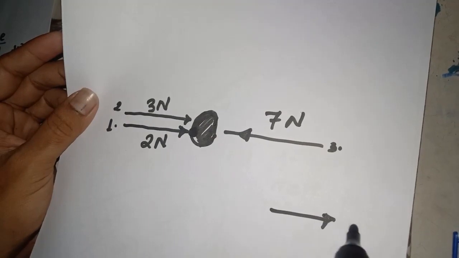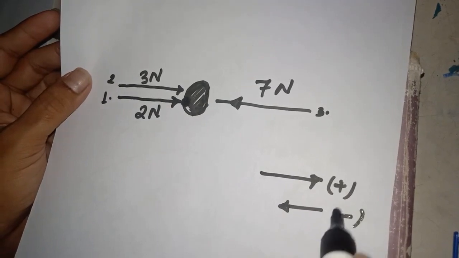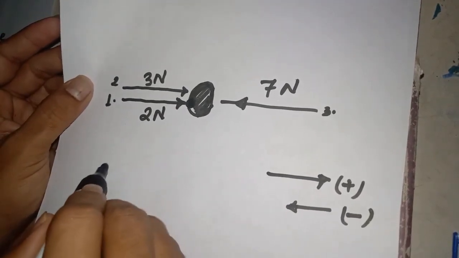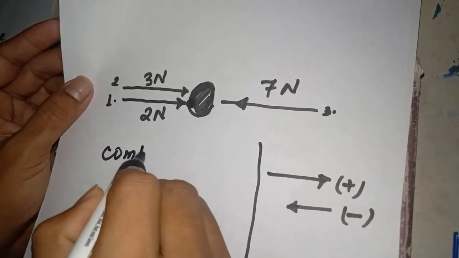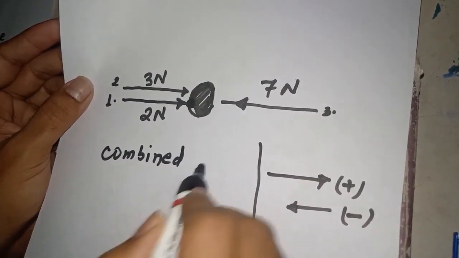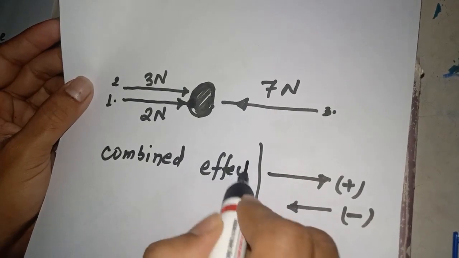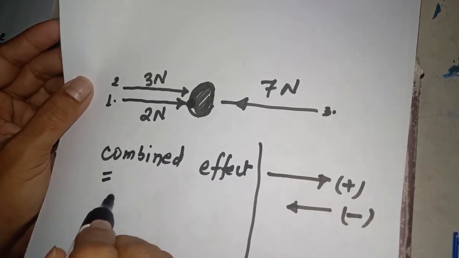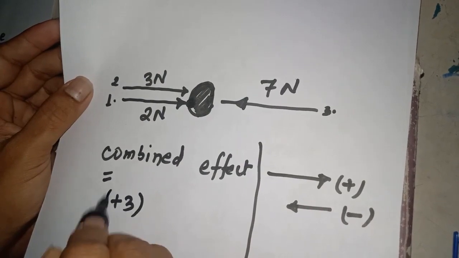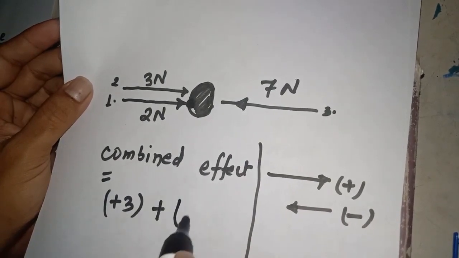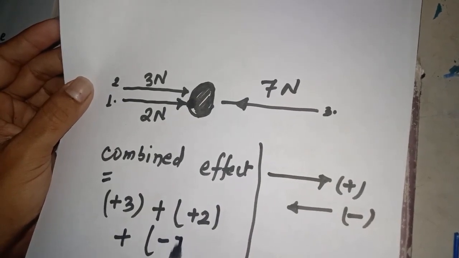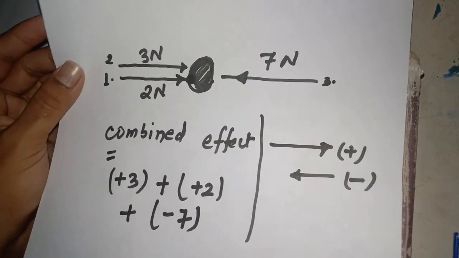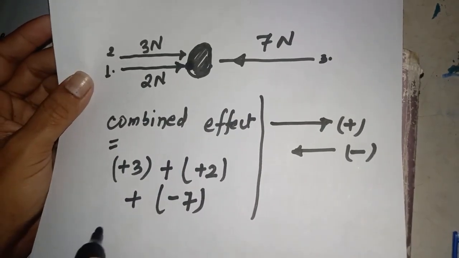So if I take this direction as positive and this direction as negative, then the combined effect must be plus 3, plus 2, plus minus 7. Have you got my point?